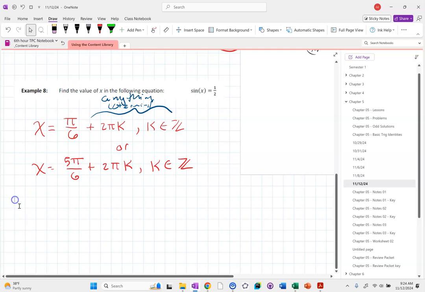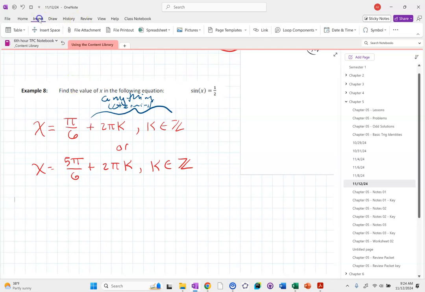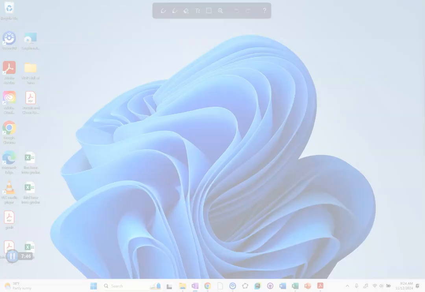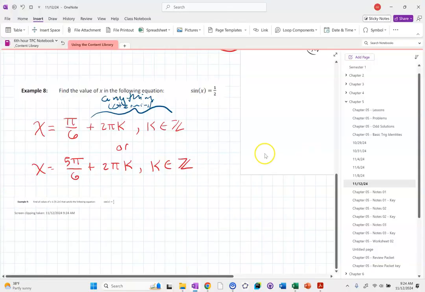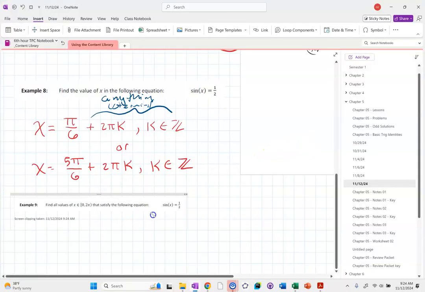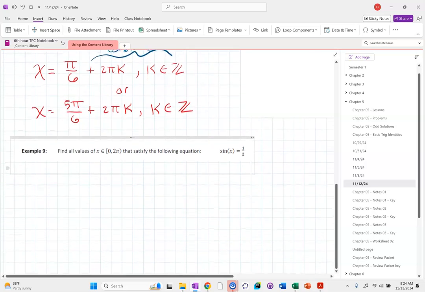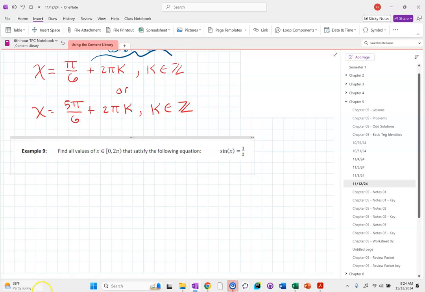So the other thing, in addition to giving you problems that we don't specify an interval on, we'll be giving you intervals where maybe you can get more than one answer coming out. So let's look at this example.